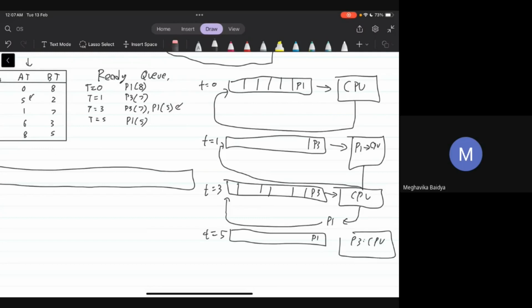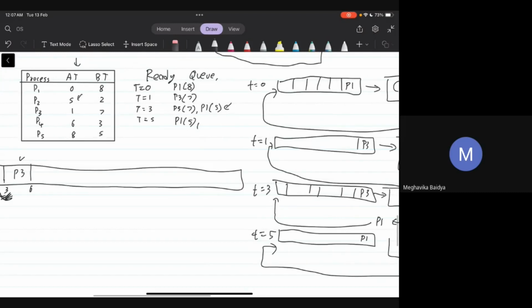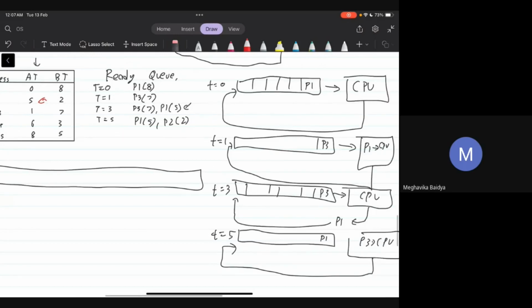And then P2 came, oh yeah, I didn't write it here. So P2 came with a burst time of 2. You see here, P2 came at arrival time 5. So P2 is coming from outside, sees the queue, and will come over here. That's how you write the queue.